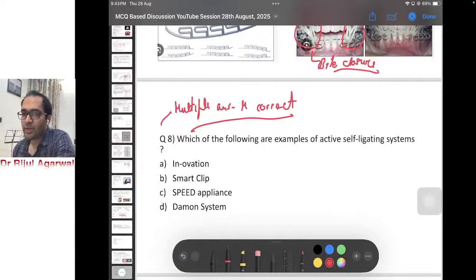In your exam, you get option A, B correct, B, C correct, like this, and you have to mark a single option only. Which of the following are examples of active self-ligating system? Innovation, smart clip, speed appliance, or Damon system?